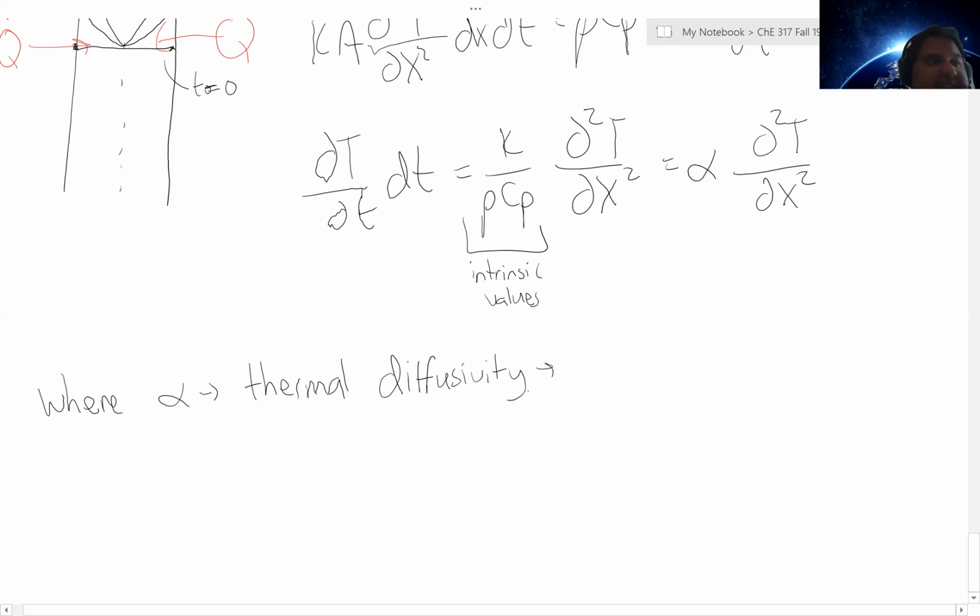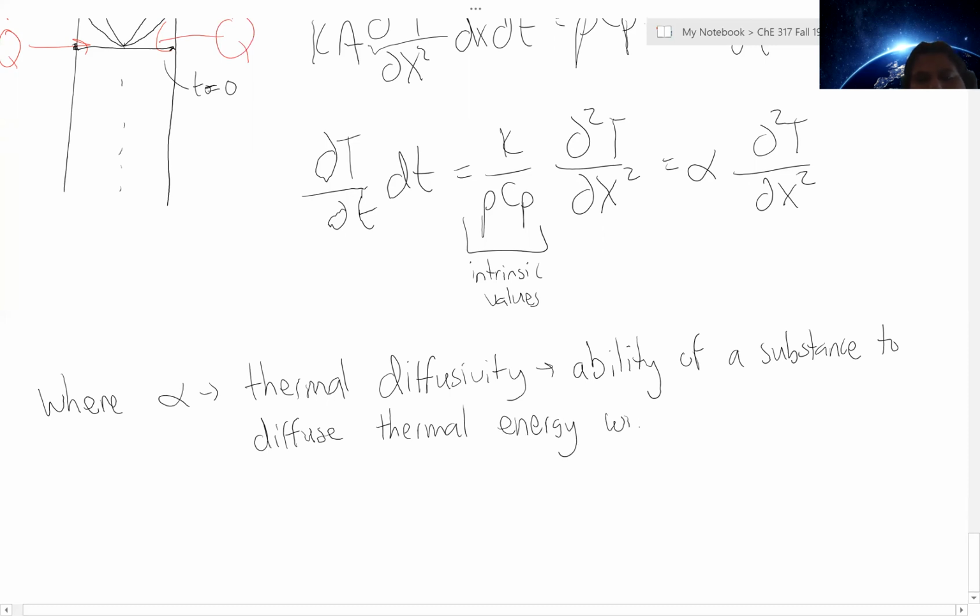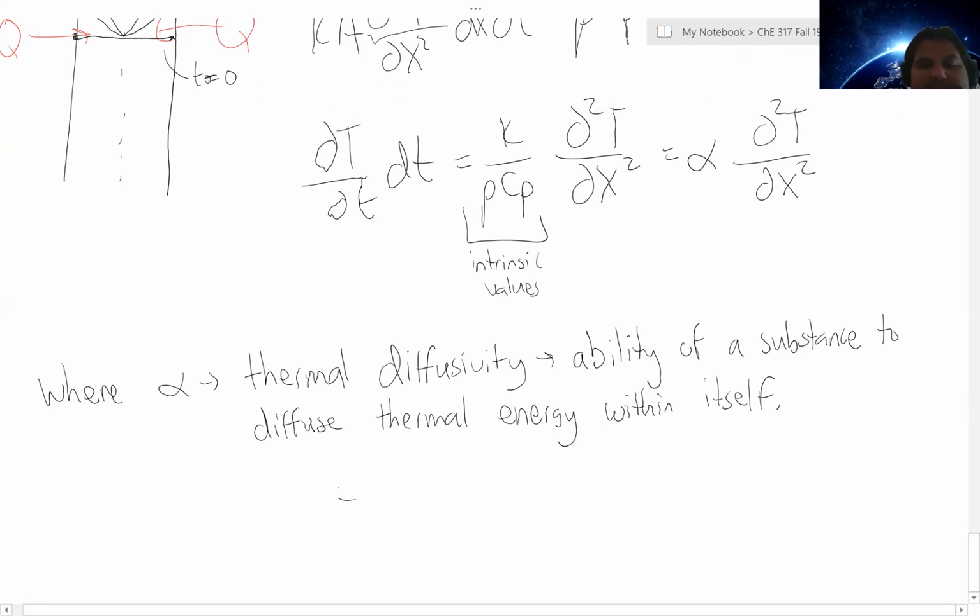Thermal diffusivity is defined as the ability of a substance to diffuse thermal energy within itself. And, as we've shown in the equation above, that's equal to thermal conductivity over rho times Cp.